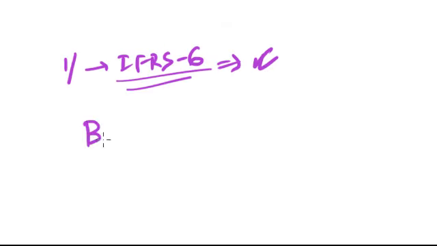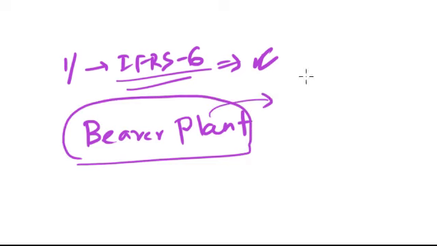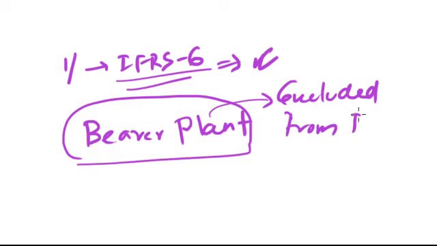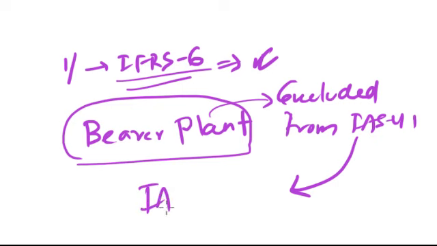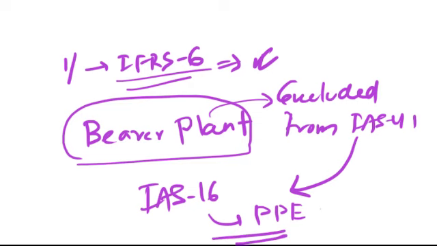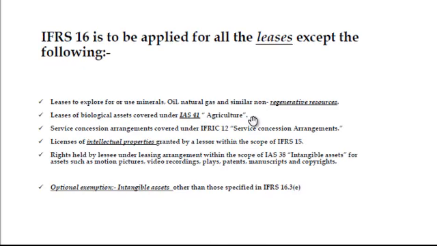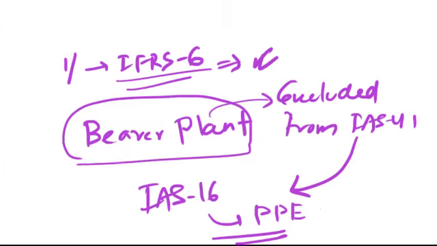This is an amendment, because bearer plants have now been excluded from IAS 41 and moved to IAS 16 as PP&E. As per the second exception, all the biological assets covered under IAS 41 are excluded, which means bearer plants, not being covered under IAS 41, are covered under IAS 16.